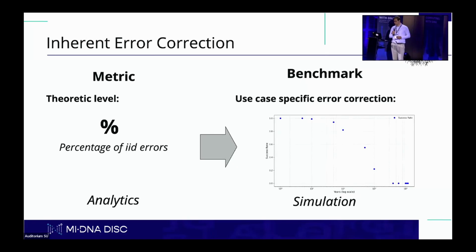A second example is the inherent error correction characteristics of your encoding method. If you encode data by assembling block by block, you do not use the entire sequence space.